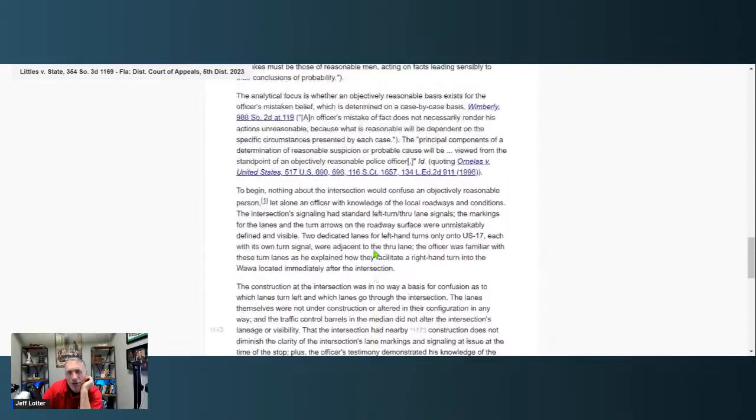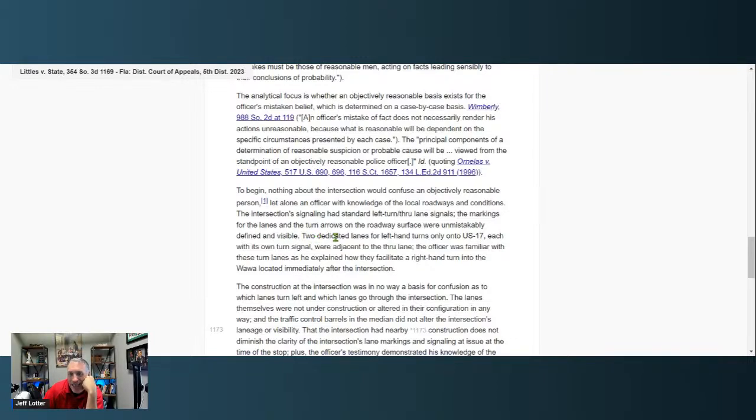So the court concludes that there was nothing confusing about the intersection for a reasonable person, let alone an officer with knowledge of the local roadways and conditions. The intersection signaling had a standard left through lane signals. The markings for the lanes, the turn arrows on the roadways were unmistakably defined and visible.